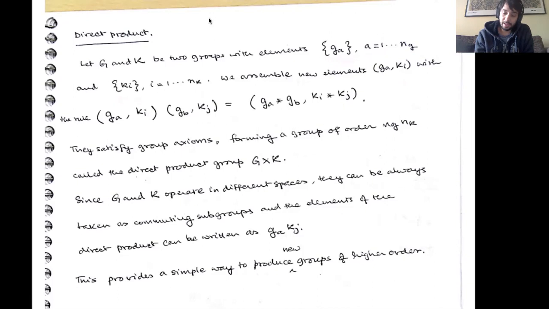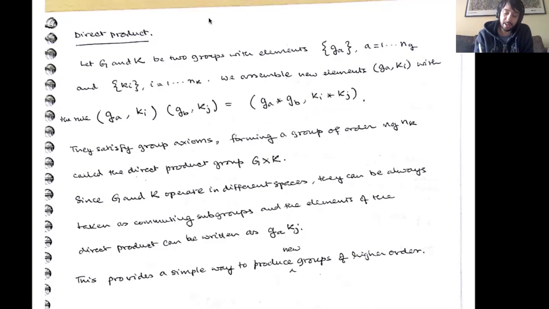The rule is that when you multiply Ga Ki with Gb Kj, you get Ga star Gb and Ki star Kj.